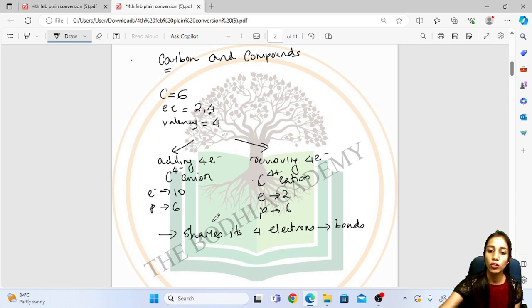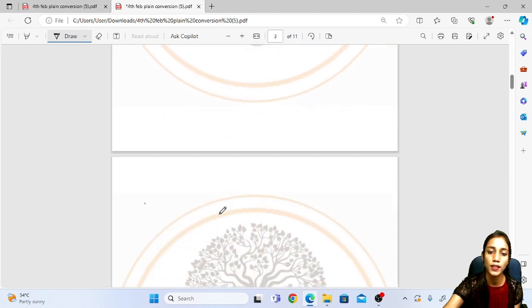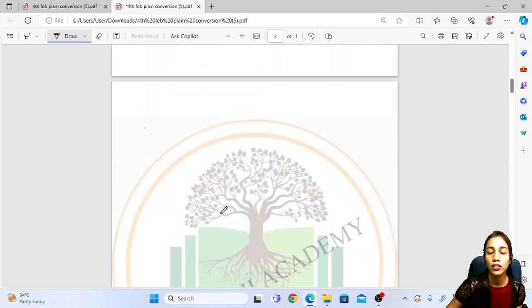Not only carbon, but there are many other elements which do this, mostly those present as diatomic elements. For example, the very well-known example is hydrogen.